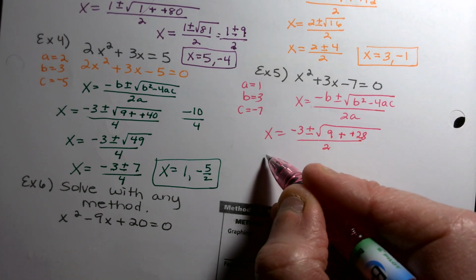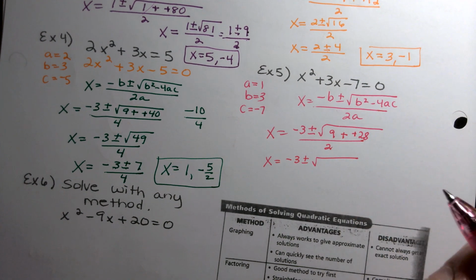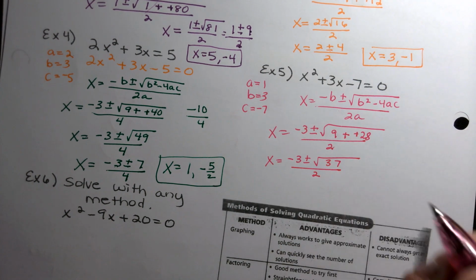X equals negative 3 plus or minus the square root of 28 plus 9, which is 37, all over 2.